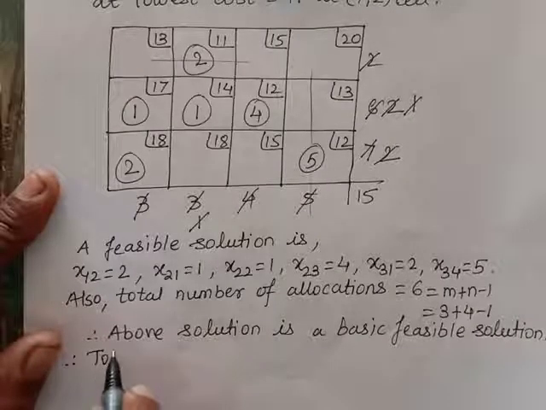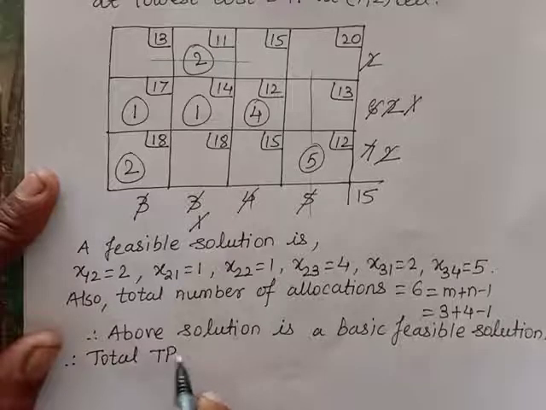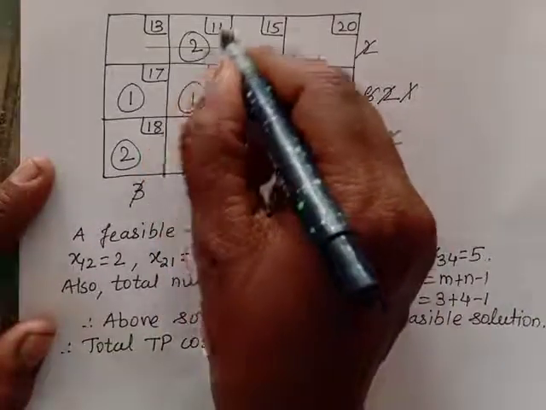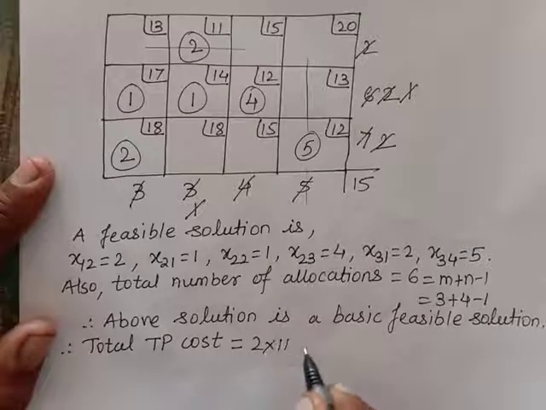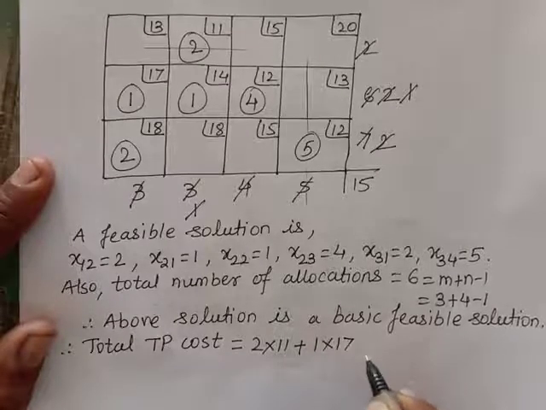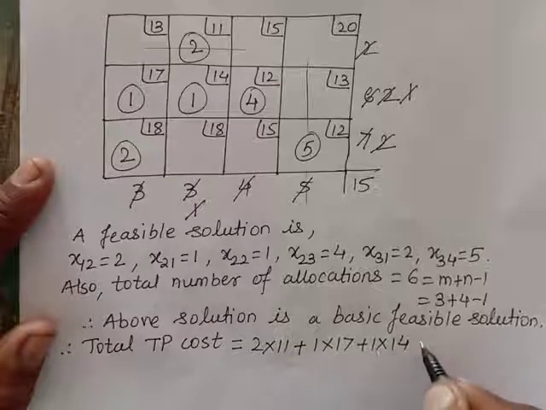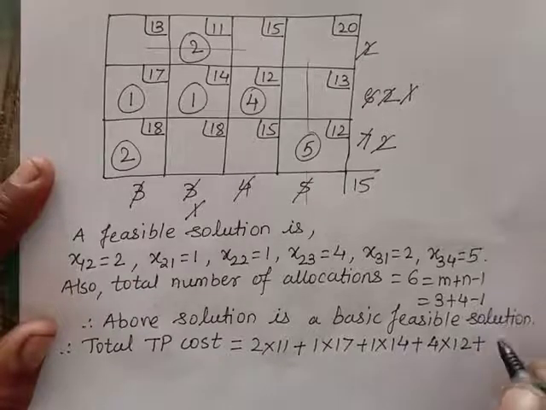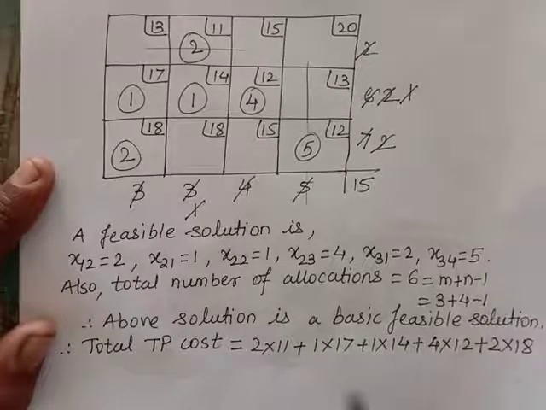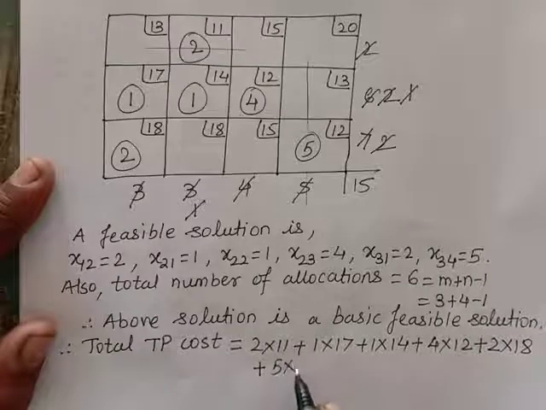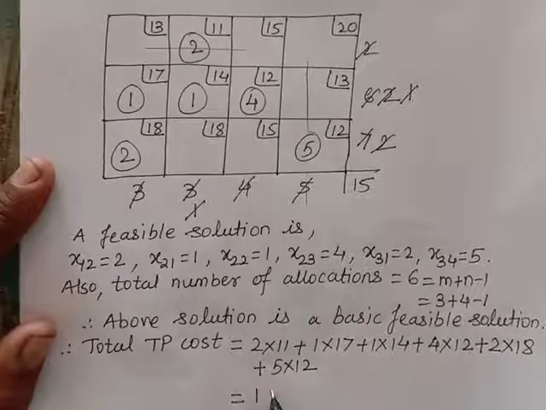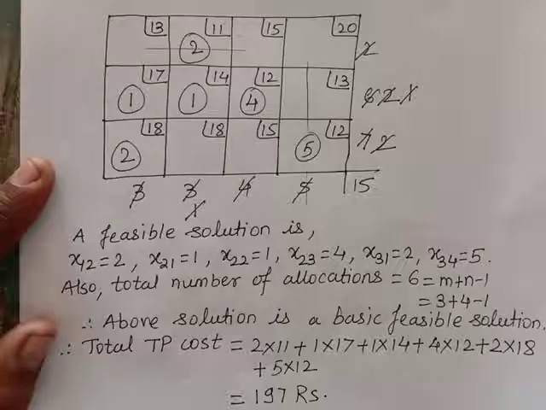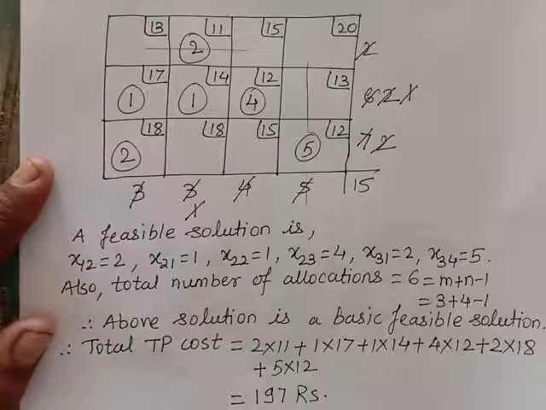Therefore, the total transportation cost equal to, so that is how much? This is 2 into 11 plus 1 into 17 plus 1 into 14 plus 4 into 12 plus 2 into 18 plus 5 into 12, and that total is 197 rupees. Okay, this is the cost for this problem using the least cost method.